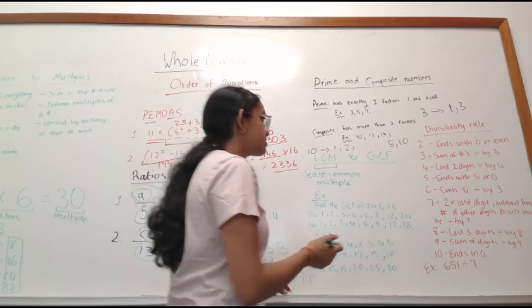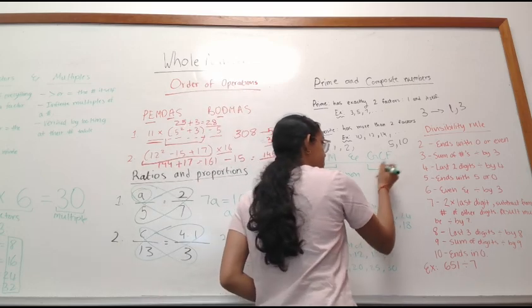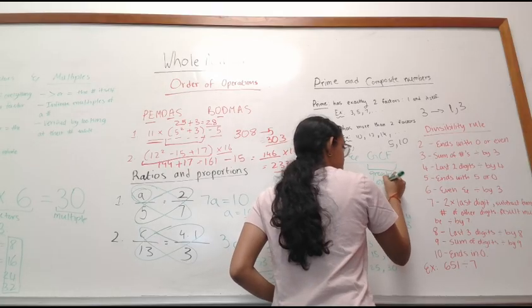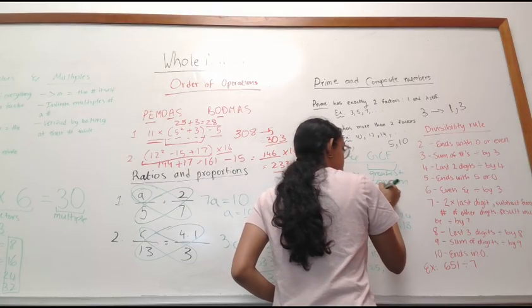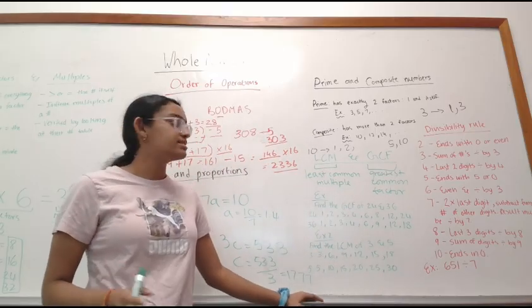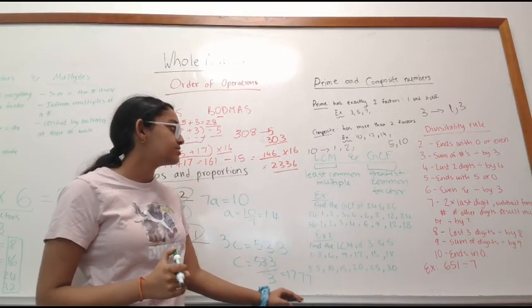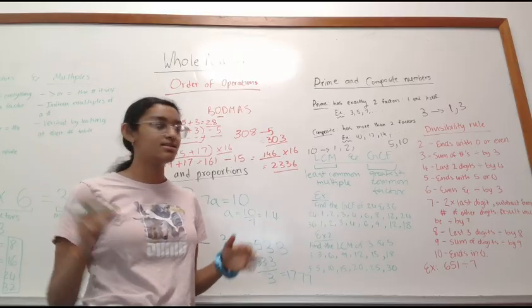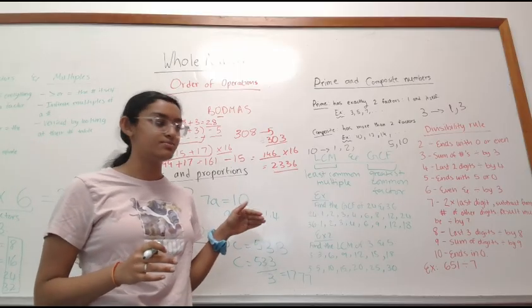And then GCF is the greatest common factor. That also gives you itself in its name. So greatest common factor is the biggest common factor between two numbers.